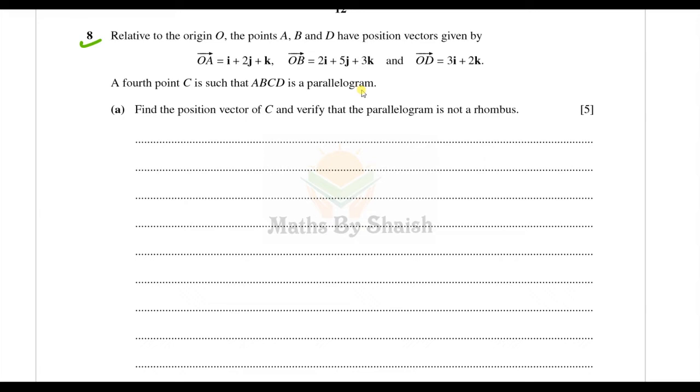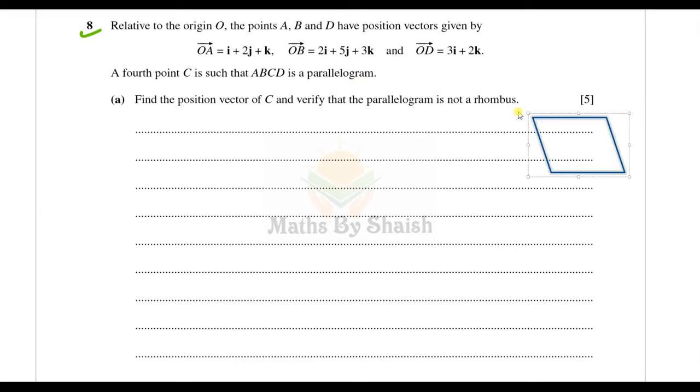So let me draw the parallelogram, then we'll understand it properly. So let's say it is A, it is B, it is C and it is D. If there is an origin, of course let's say this point is the origin, then O to A will be vector OA, O to B will be vector OB, and this is vector OC, and this is vector OD.